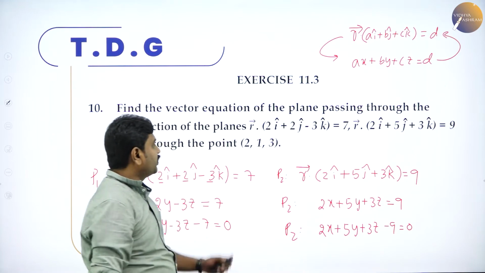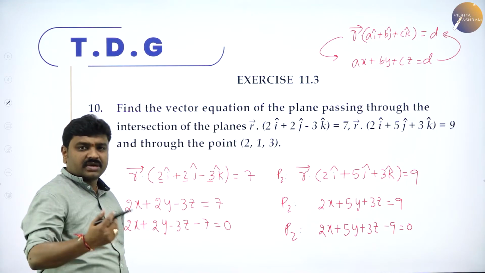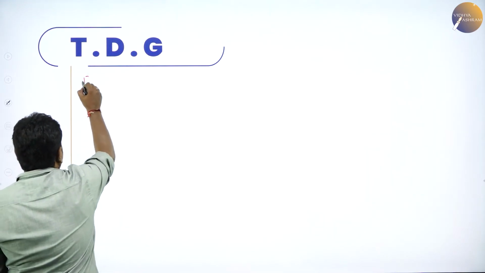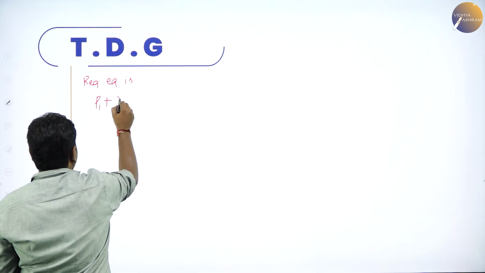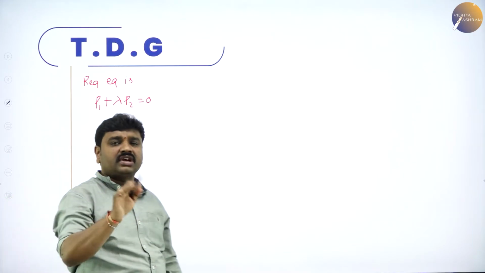So now they want the equation of the plane through the intersection of two planes. Same method. What is the equation? The required equation is P1 plus lambda P2 equal to 0. The task is to find lambda.